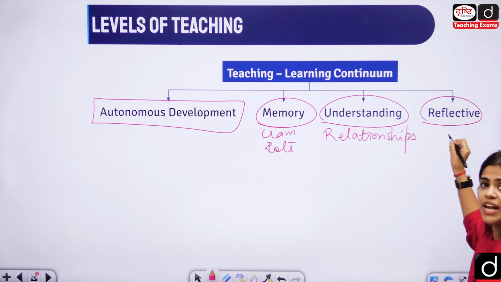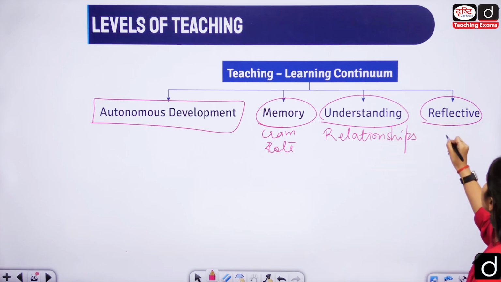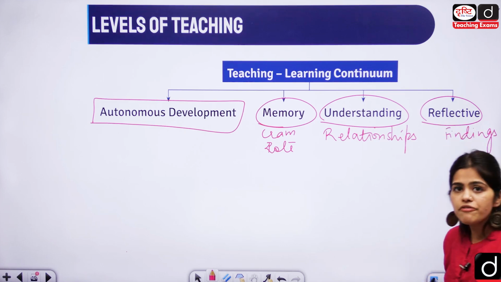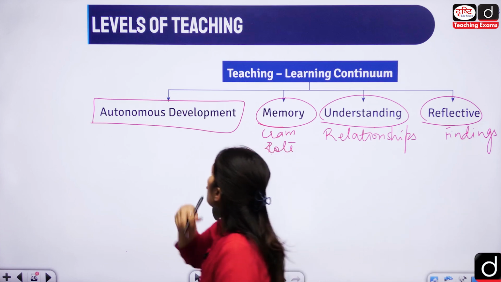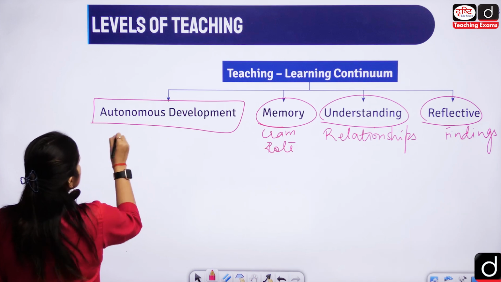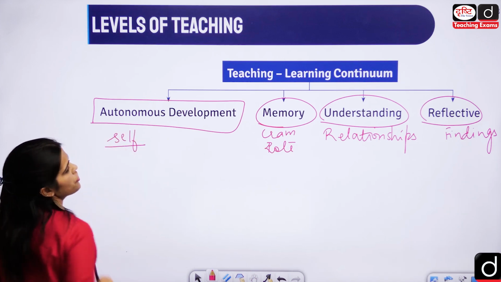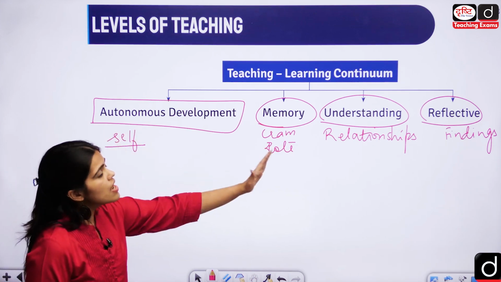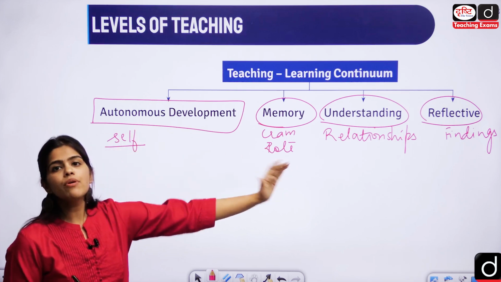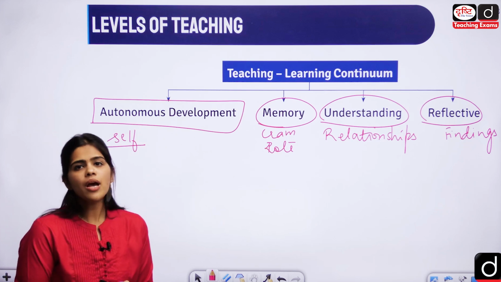And what is reflective? Reflective is finding things. That's reflective. And when it comes to the autonomous development, auto means self. Here, self is very important. So these are the levels, and this is called the learning continuum when it comes to the teaching process.